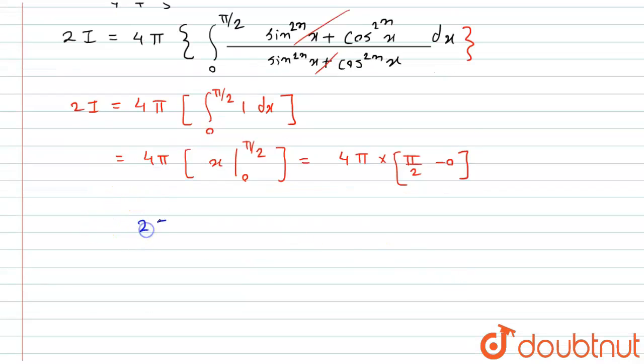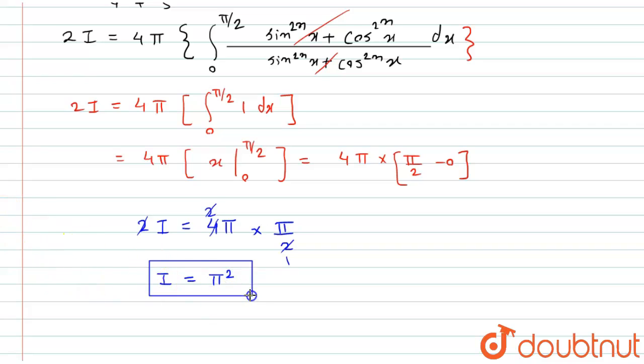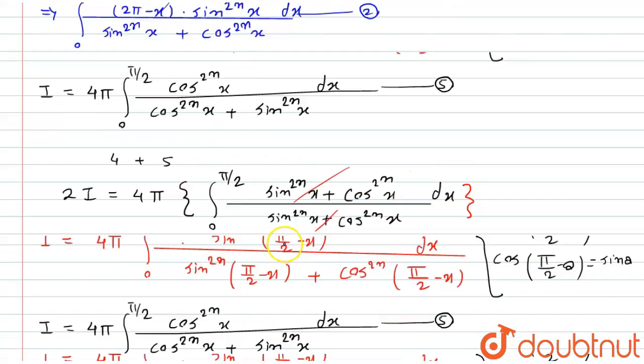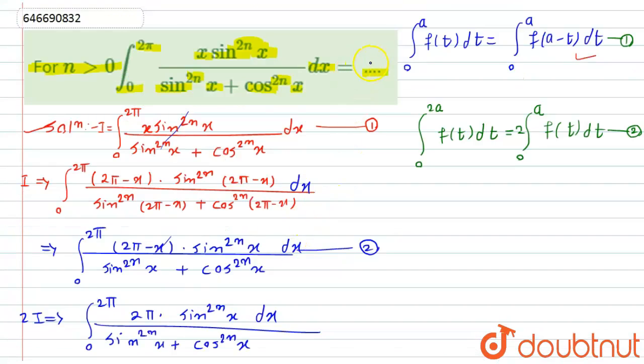So we get 2I equals 4π into π/2. Now the 2 ones are 2, 2 twos are 4, and this 2 and this 2 get cancelled out, while π into π becomes π^2. So finally we get the answer, I equals π^2, and this is our required answer. So in this blank we write the answer, π^2. So this is the required solution.